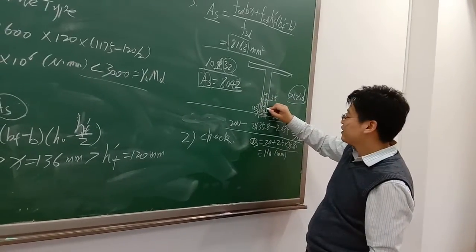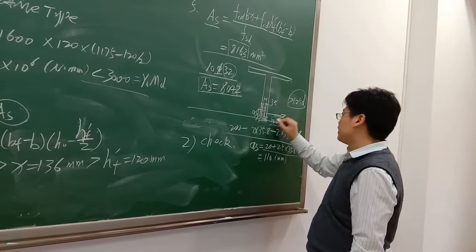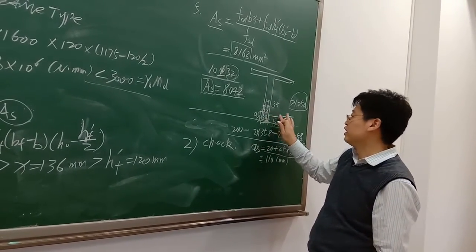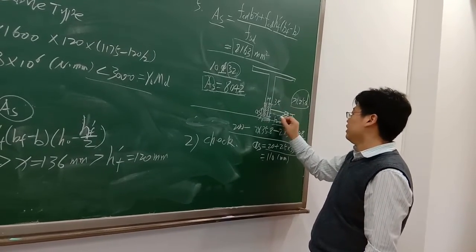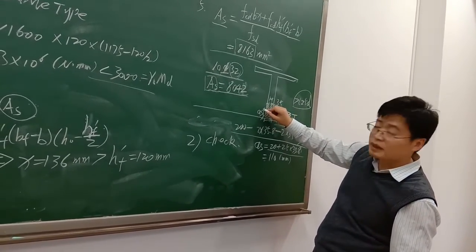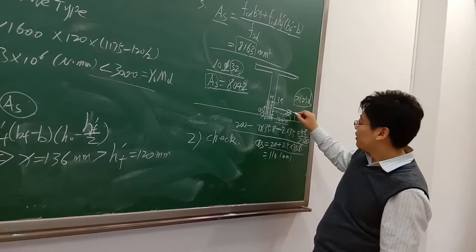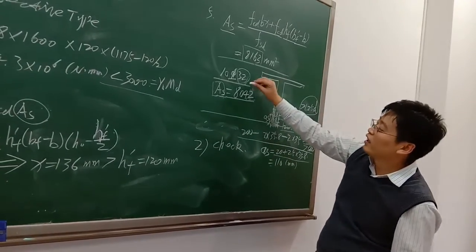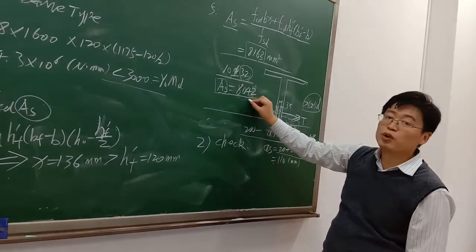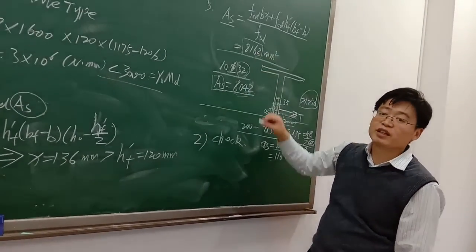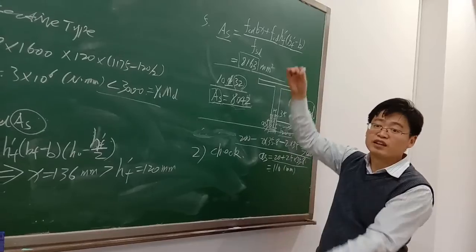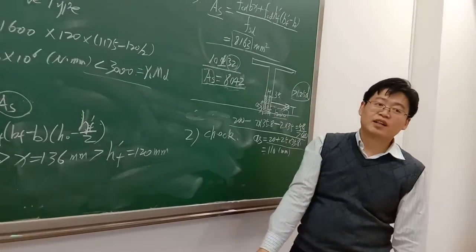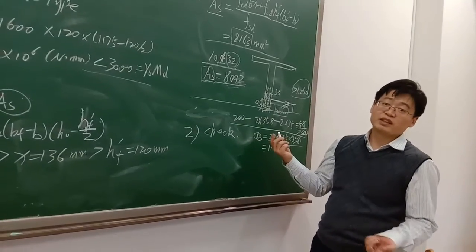That means, because AS is the action point of T here, the arm of the T becomes larger. So that's why using an area a little bit smaller than the requirement is still okay, because the arm is larger than you assumed.